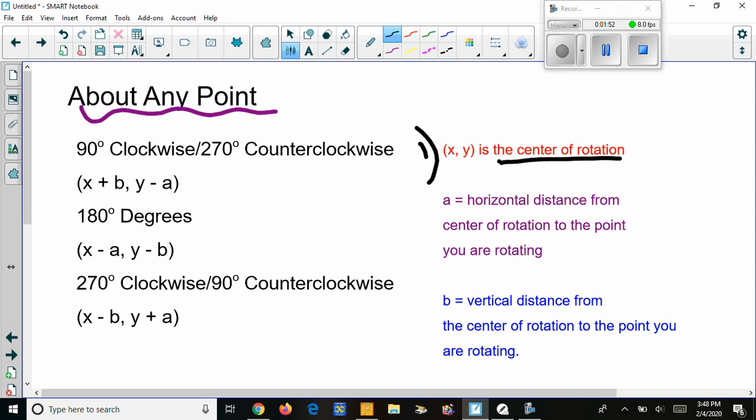After I have that, I will then go to the graph and look at your horizontal and vertical distances. We're going to use the skills we've used to find slope and to find distance to help us plot our new points after the rotation. You need to pause the video and write these down before moving ahead.